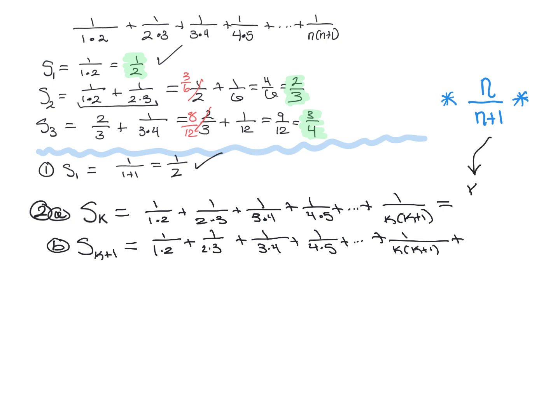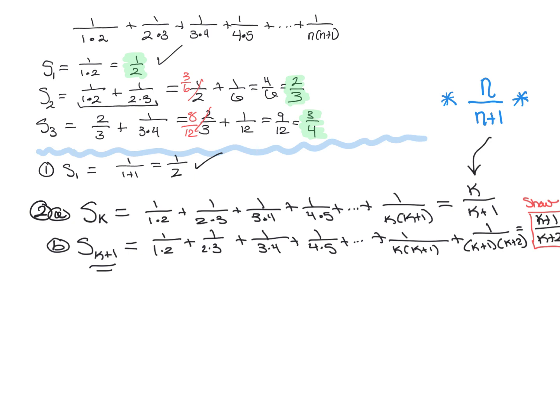We are assuming that this would be k over k plus 1. Plus, I have to add in my k plus first term. So this should be 1 over k plus 1, and then when I add a 1 here, k plus 2. And this should equal k plus 1 over k plus 2. So reminder, this red box is what I'm going to try to show. Show or prove that. I need to get to that.